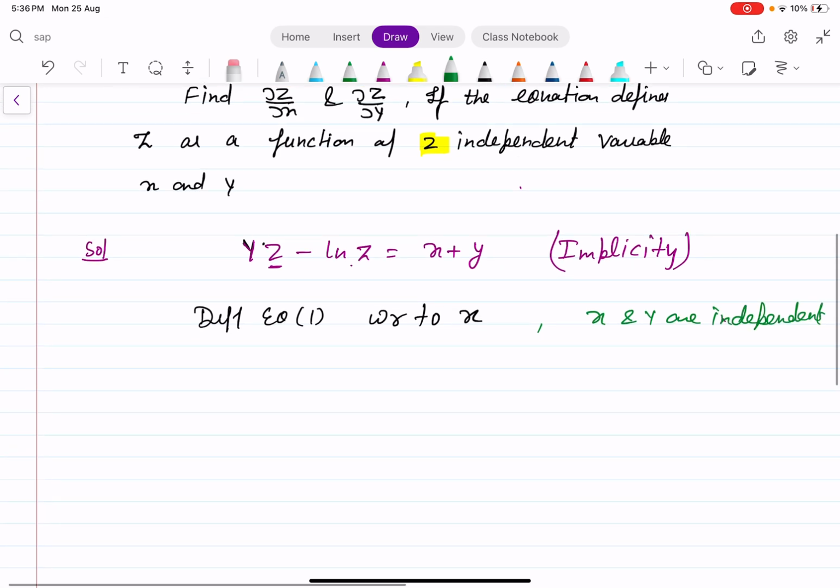When we differentiate with respect to x, y is constant. So we get y del z over del x, since z is a function of x and y, minus the derivative of ln z, that is 1 upon z del z over del x, equal to the derivative of x, which is 1, and the derivative of y with respect to x is 0.